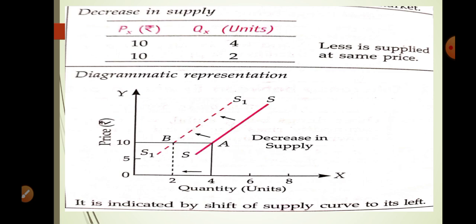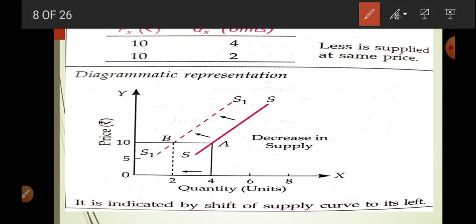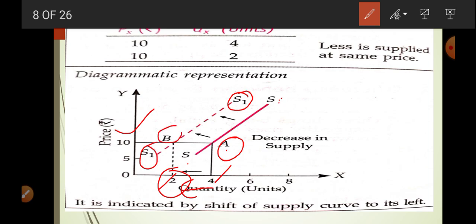So at the same price, when there is less supply, it represents decrease in supply. Its diagrammatic presentation is that price is 10, supply is 4. Now we are at point A on the SS curve. Now supply reduces, it becomes 2. So we shift to the leftward side, S1 at point B, and there is supply of only 2.